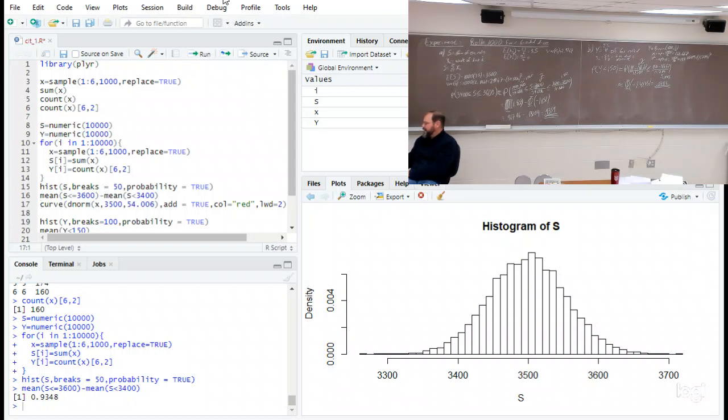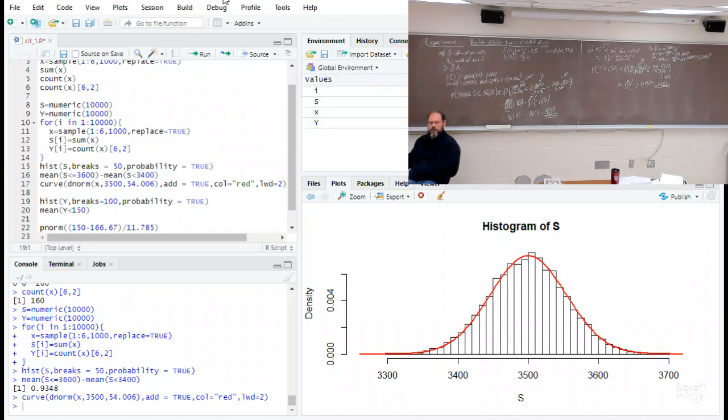I get 93.48%, or a 0.9348 probability. Here's my normal random variable fitting inside of there, and I see the mean. What was I expecting to get in that case? 93.59. So 93.48 is not a bad approximation for 93.59.